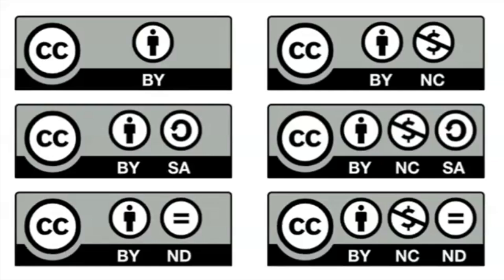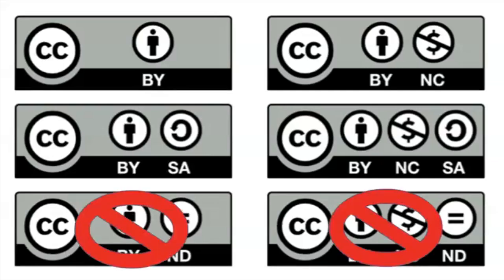As you can see now, I've crossed out the 2 licenses that contain the non-derivatives or ND element, which means you can share the materials and retain them, but you can't make any changes to them and share them publicly.